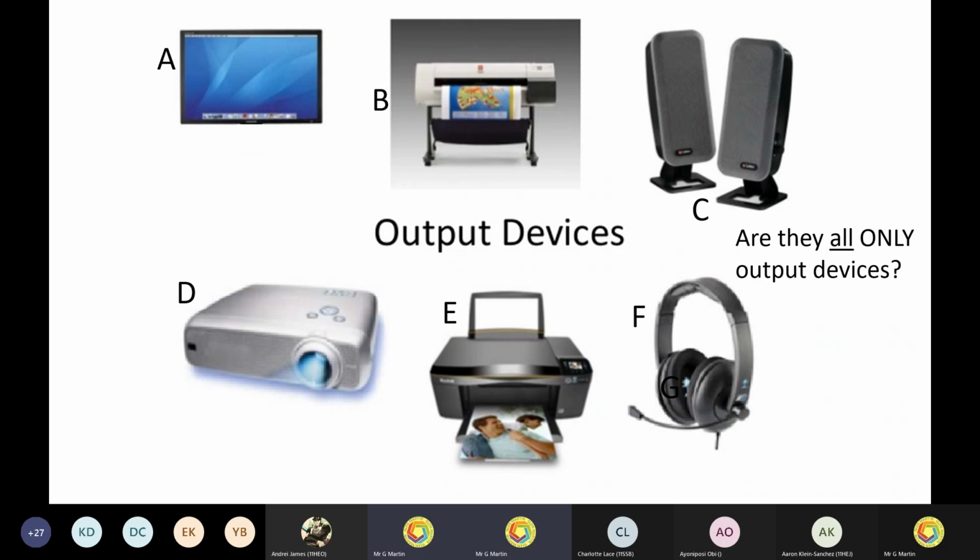It's also got a microphone in. So the microphone is an input device, and the earphones are just speakers. They're an output device. And E might not only be a printer, it might also be a scanner. And so therefore that might have an input section to it. So there'd be an input device and an output device wrapped up together in one packaging.